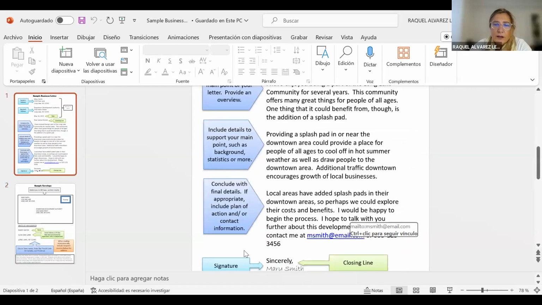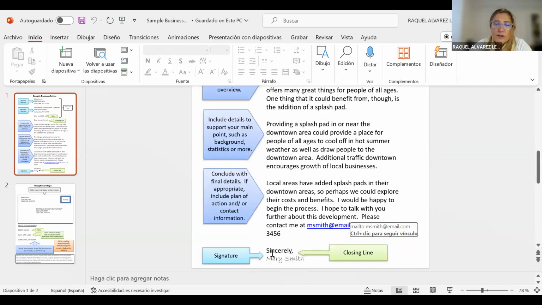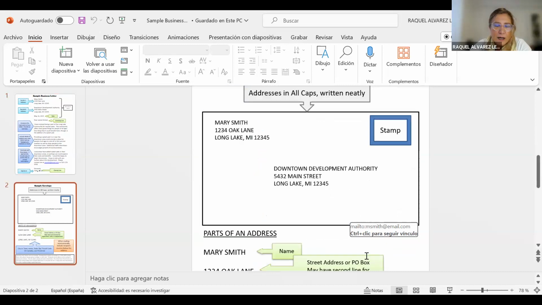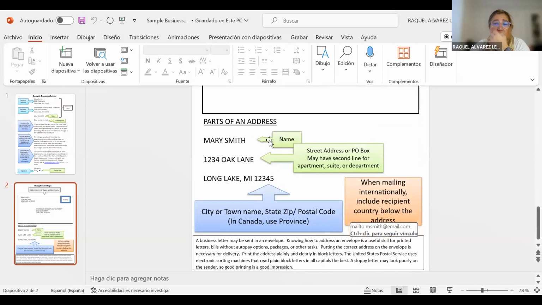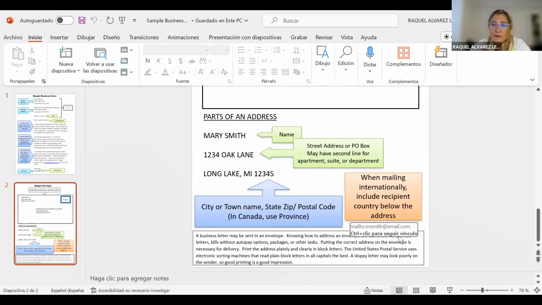And then, the way to do the signature: sincerely, or kind regards, or respectfully, or cordially, and the closing line. And here, well, you simply write the parts of the address, your name, the street, the city or town name, or the state ZIP. If it is international, well, you can give the mail before.